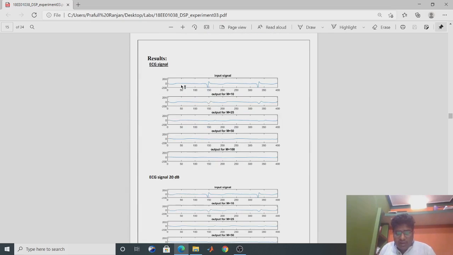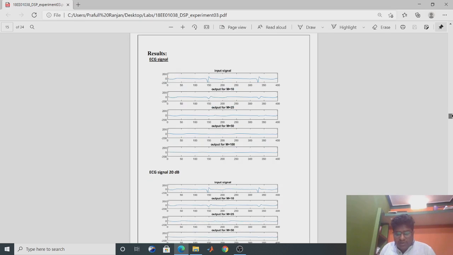We can see this is the signal, and for m is equal to 10, it is smoothing the signal. If we increase m, it smooths the signal more. Similarly for 50 it is more, but we can say as m is increasing, the peak values are also smoothing, which we don't want. We want to retain these peak values.